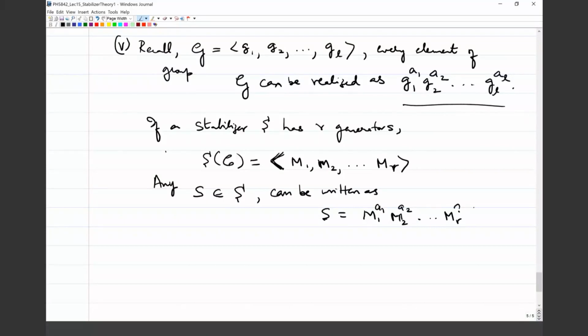So the question is, how many elements does the stabilizer group have? If a stabilizer group S, this capital or bold S, has R generators, then any element can be realized like this. So what is the cardinality of the group, or what is the size of the group?